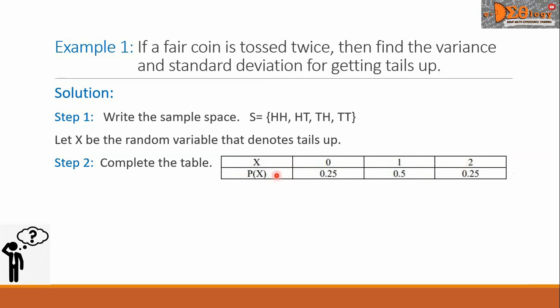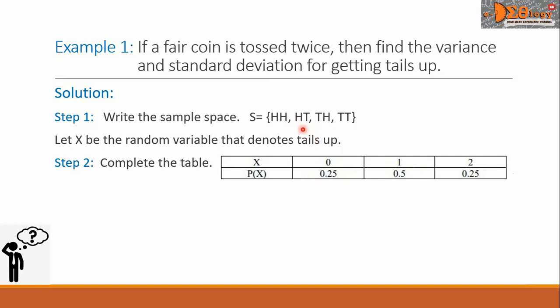For the P of X, for the 0, we write 0.25. We can see that there is one sample point here that denotes no tails up. So that is 1/4. That's why we write 0.25. For one tail up, we have two sample points.